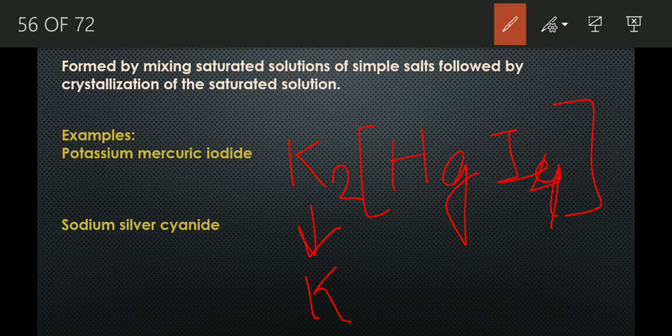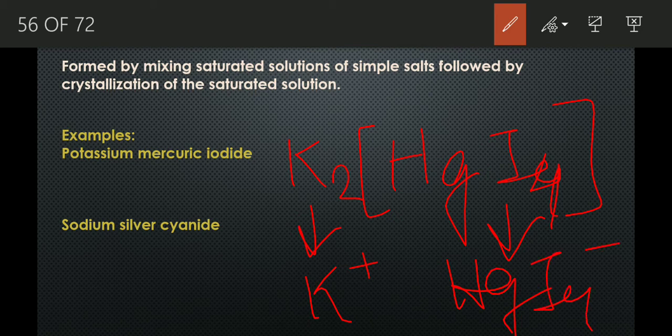The simple ion is the potassium ion and the complex ion is HgI4 2-. So this type of salt is formed very similarly to a double salt, but the difference is that a double salt consists of two simple salts, but a complex salt consists of a simple ion and a complex ion.